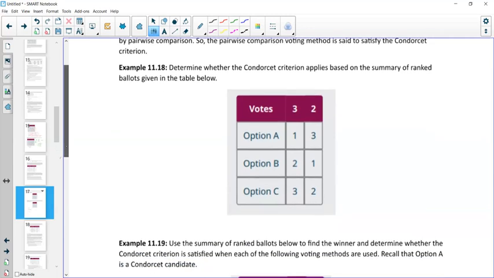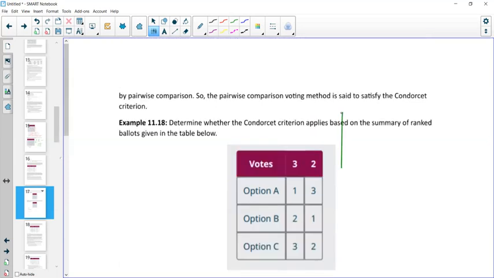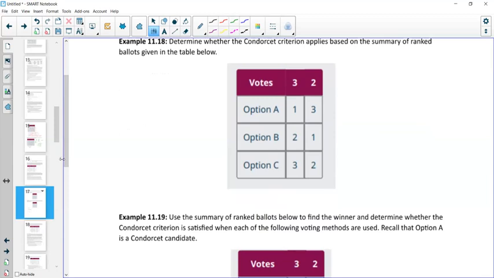Well, let's see. Pairwise. If I look at A versus B, I see that A is preferred over B by 3 people. B is preferred over A by 2, so A gets that win. And A versus C, again, 3 to 2.